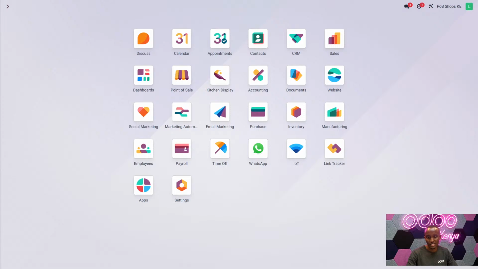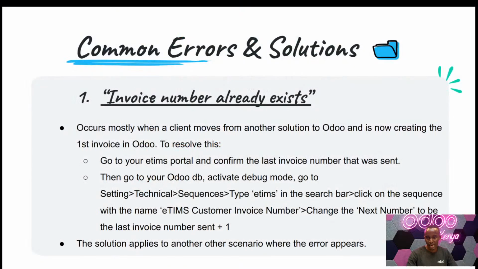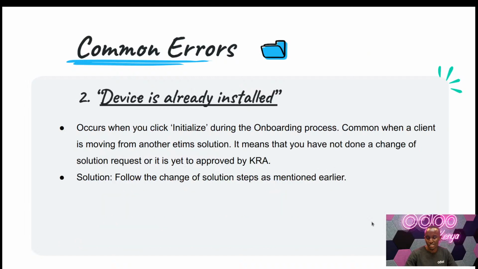Once you do that, I can now show you the other error that is also quite common, which is that the device is already installed. So when does this error occur? This mostly occurs when you try to initialize before you have followed all the processes that are required.